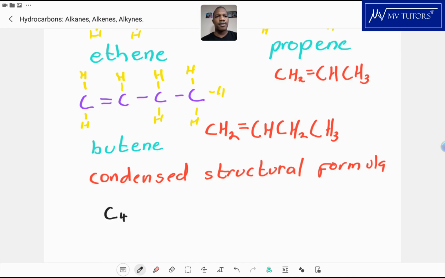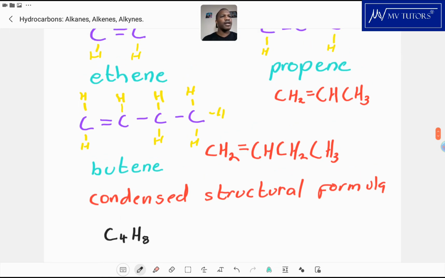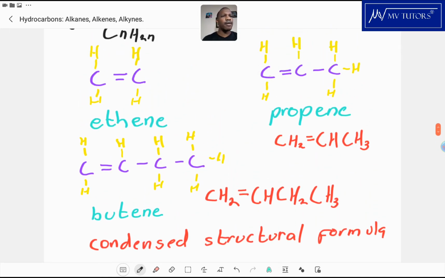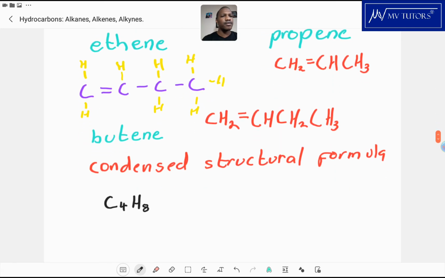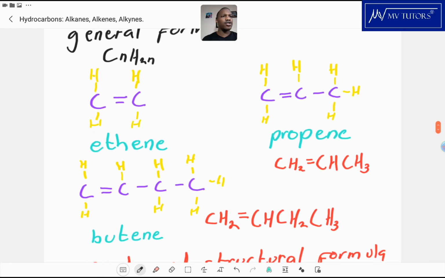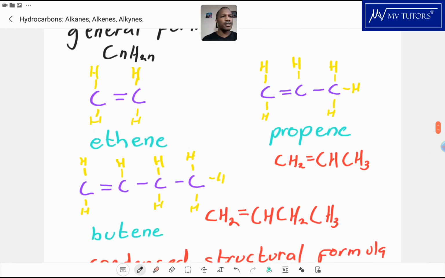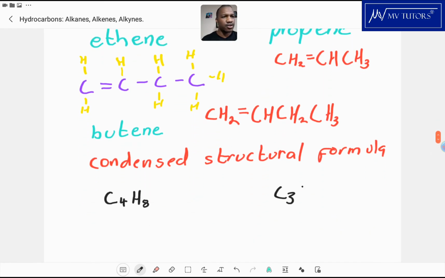Then the number of H's, 1, 2, 3, 4, 5, 6, 7, 8 H's. So C4H8. For propene, you count the number of C's, 1, 2, 3, so it's C3. The number of H's, 1, 2, 3, 4, 5, 6, so 6 H's.